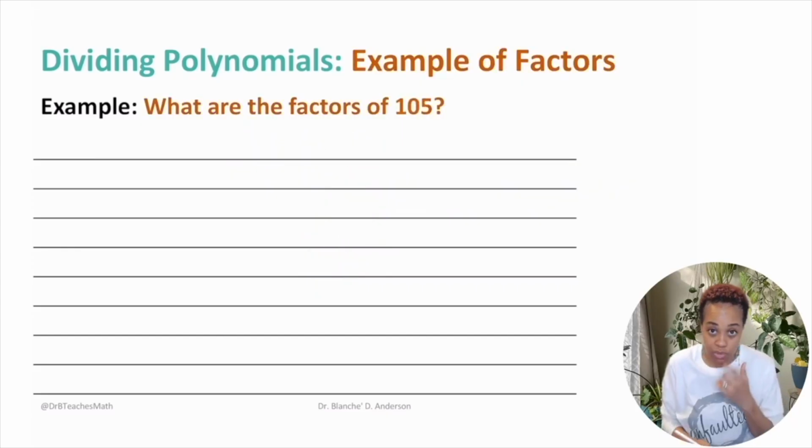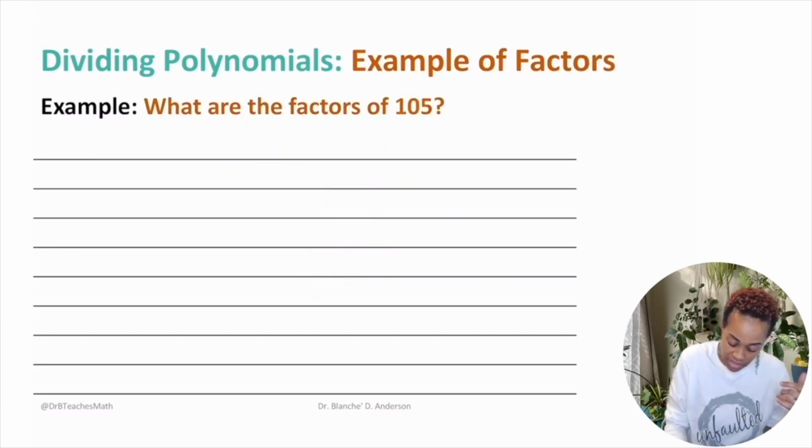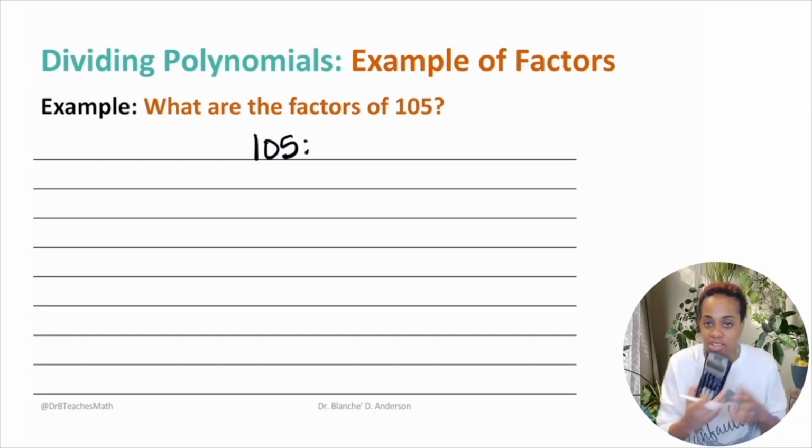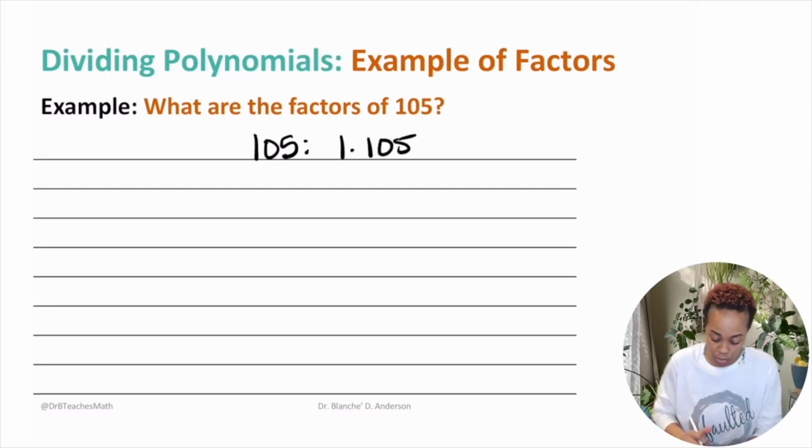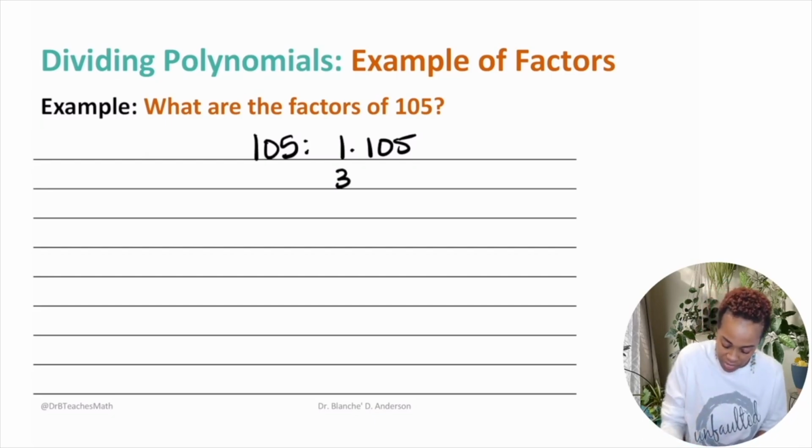All right, look at this one: 105. Now again, you're probably like, I don't know my multiplication like that. Bust out your calculator. Ain't nothing wrong with it. We know 1, right? 1 and 105. What about 2? Well, you have to say 105 divided by 2. We get 52.5. That 0.5 means there's a remainder. What about 105 divided by 3? Yep, 3 times 35.